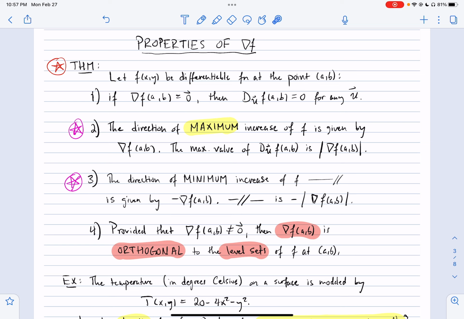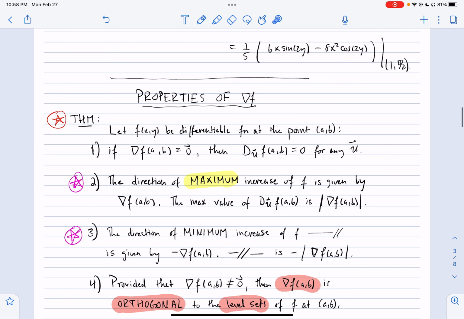The gradient will play a major role throughout the rest of this class. And here's the first instance of why the gradient of a scalar valued function is so important. And it's a big theorem. So this theorem is super duper important.